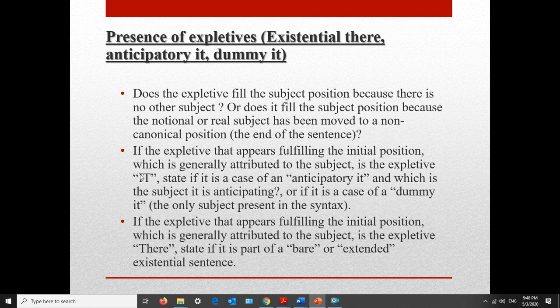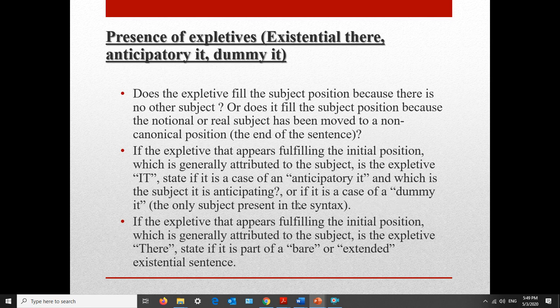Therefore, in the case of an anticipatory it in an extraposition construction, you would identify this it as an expletive, an instance of anticipatory it, and then you would specify which is the notional subject, the argument subject that is located at the end of the sentence, and that this anticipatory it serves as anticipation for.